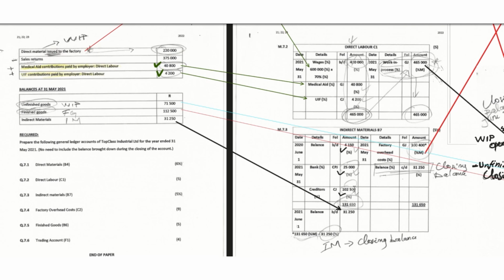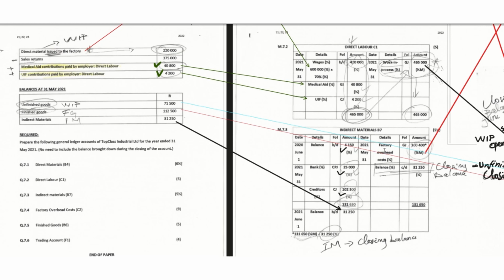So the actual amount for indirect material that is taken into account in the actual production is 100,400.